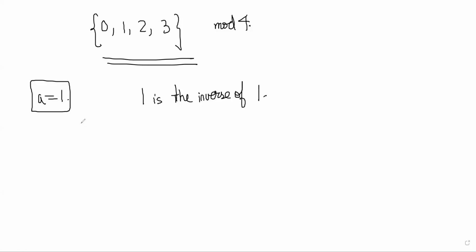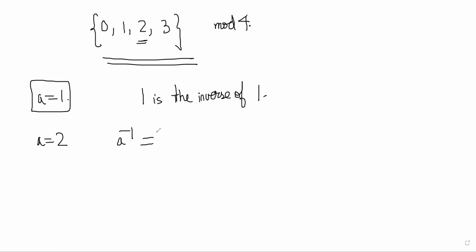right? For 2, if you think about it, what do you multiply with 2? If A is 2, A inverse is what? A inverse will be, if you multiply it with 3, you get 2 mod 4.